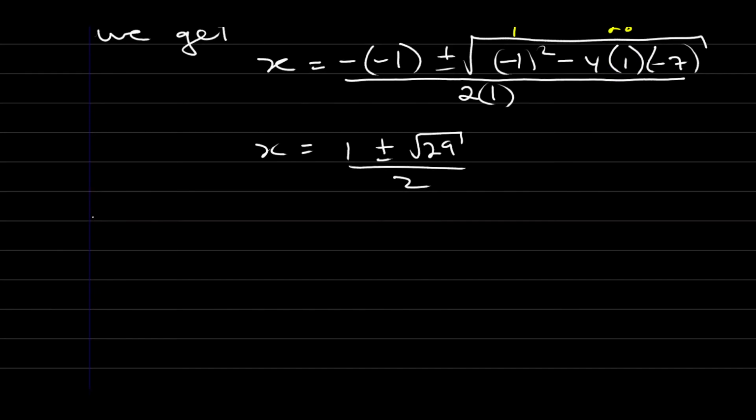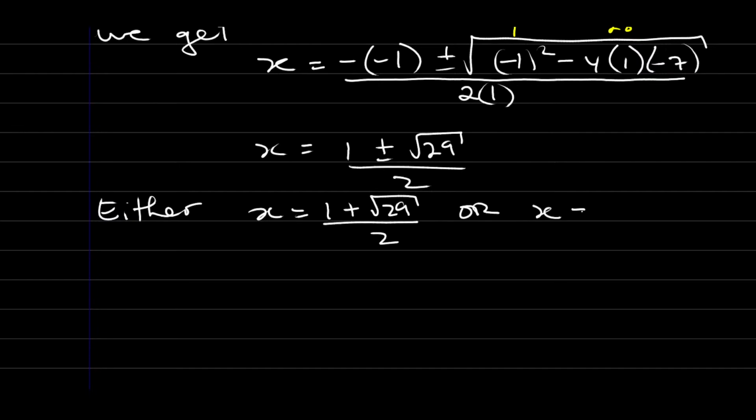Okay, so either x is equal to 1 plus the root of 29 over 2, or we can say that x is equal to 1 minus the root of 29 over 2. All right.